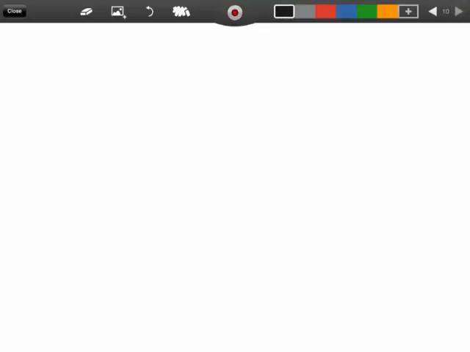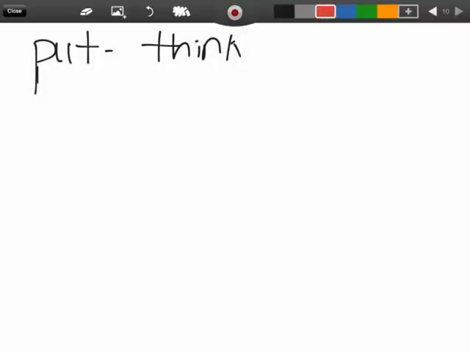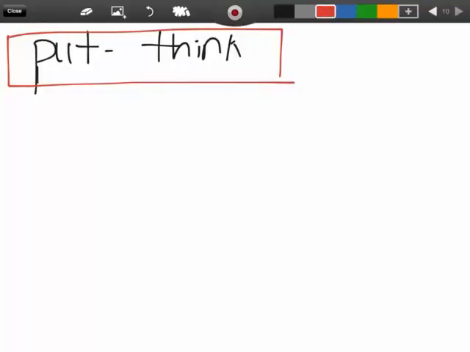Moving on to our last root, which is put, and that means to think. I'm going to put this in a box here and put a little star next to it. It's an important root. I'm going to give you two examples for this.